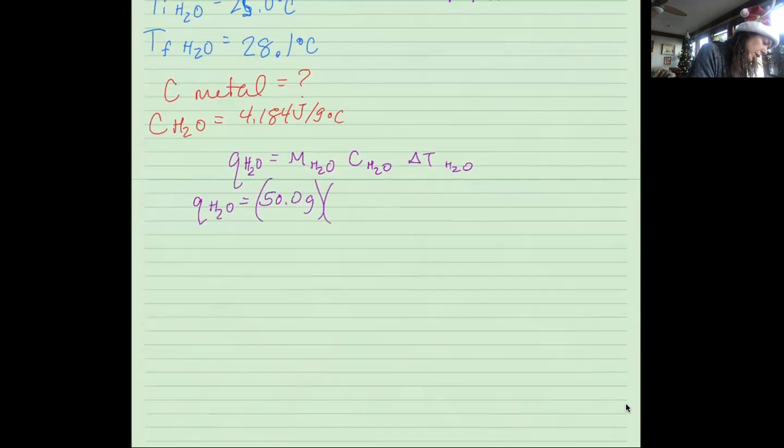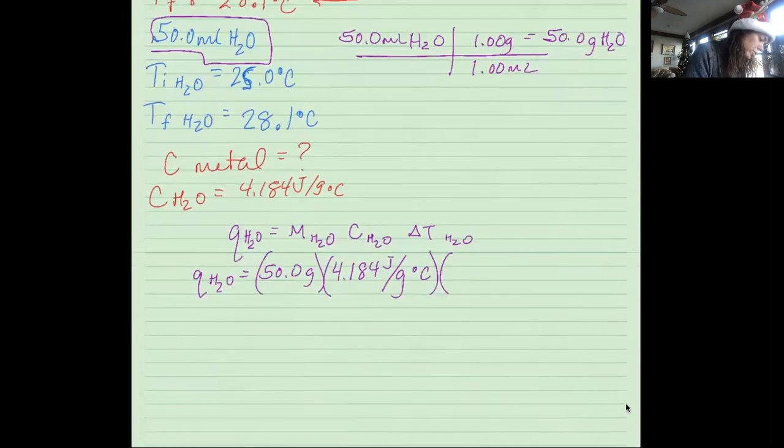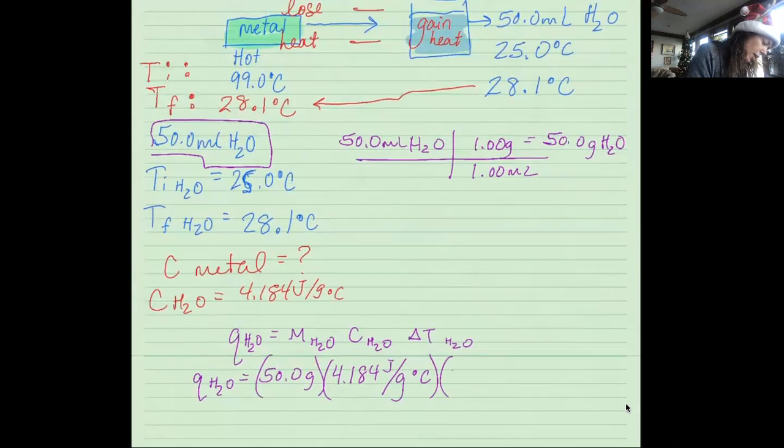The specific heat is that 4.184 joules is taken for each gram to go up a degree Celsius. And our temperature change went from the final at 28.1 degrees Celsius minus the initial at 25.0 degrees Celsius. So I need to subtract and then multiply all of those.